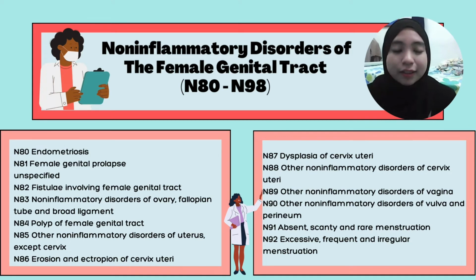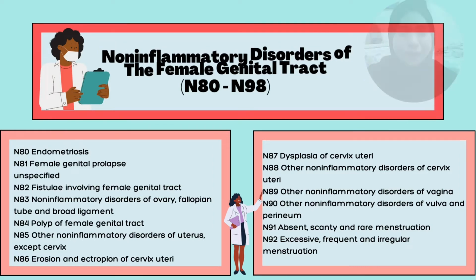This disorder relates to female reproductive system problems such as endometriosis, which is code N80, other non-inflammatory disorders of cervix uteri, which is code N88, and excessive frequency and irregular menstruation, which is N92.